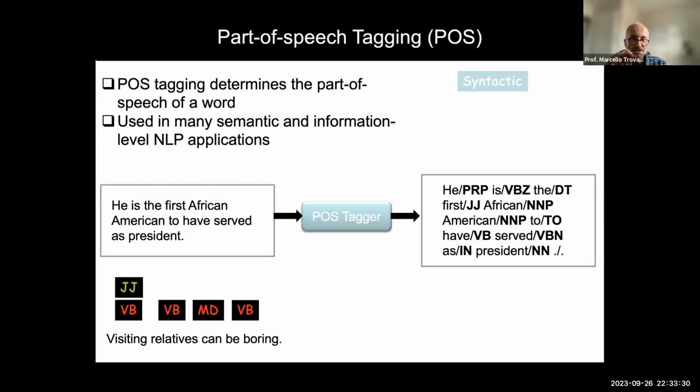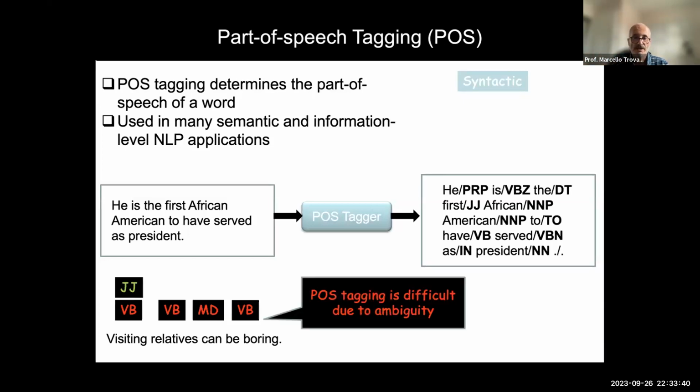But depending on how you interpret the visiting bit, the attribute, you might interpret the sentence in two different ways. So we are starting to face ambiguity here.